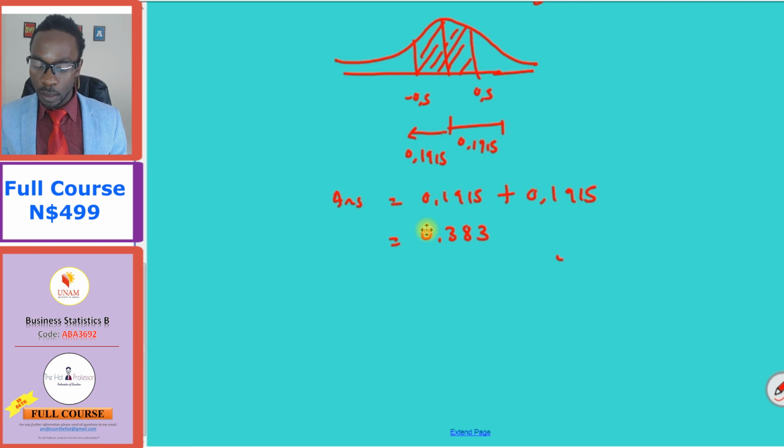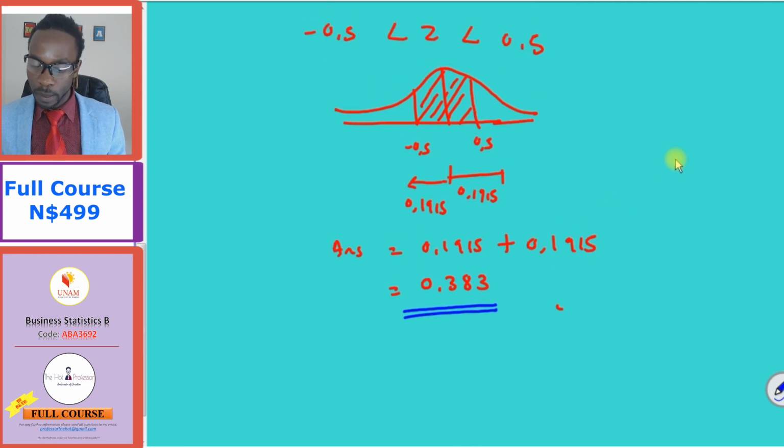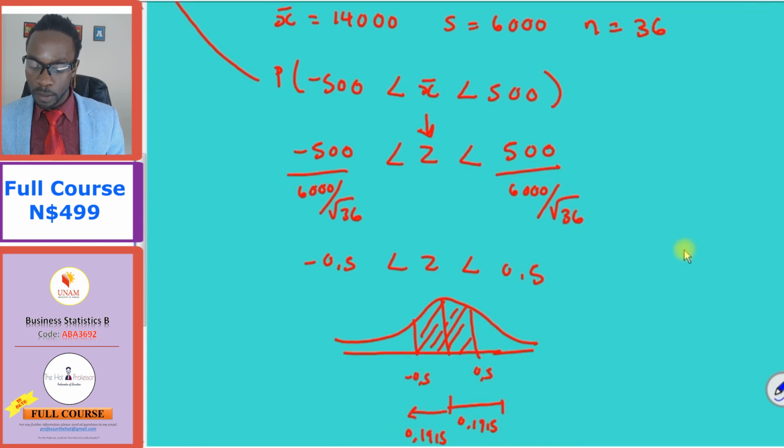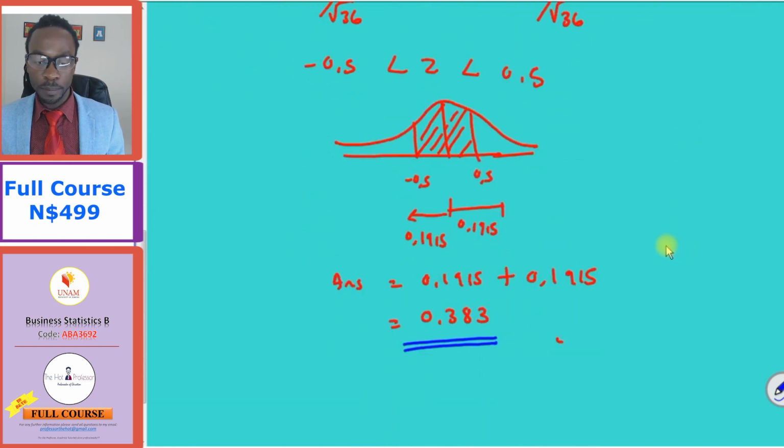So that is the answer we are looking for. The probability that a simple random sample of 36 accounting graduates will provide a sample mean within 500 of the population mean is 0.383. Alright, so that is it for part A.